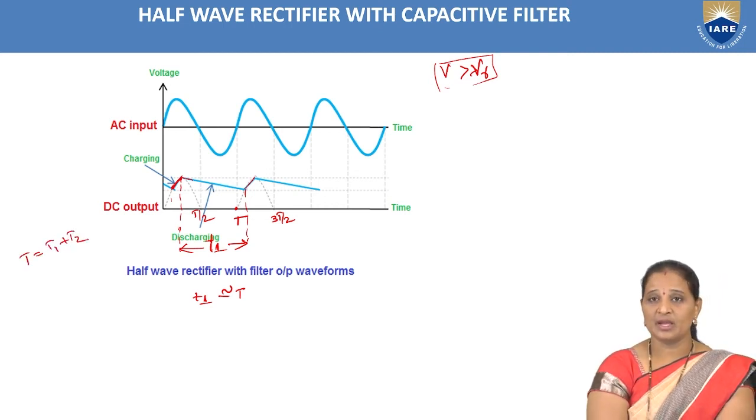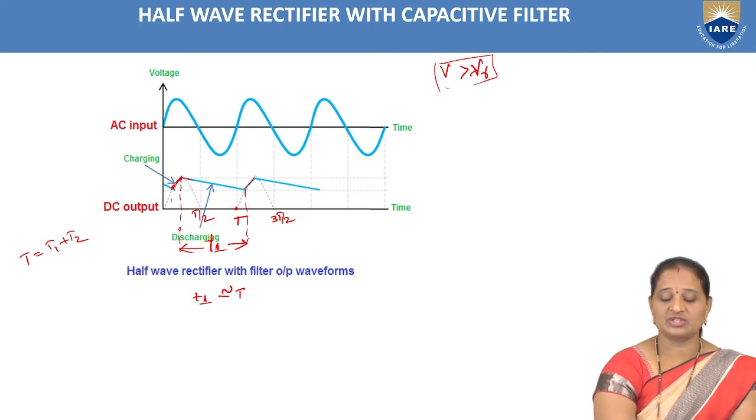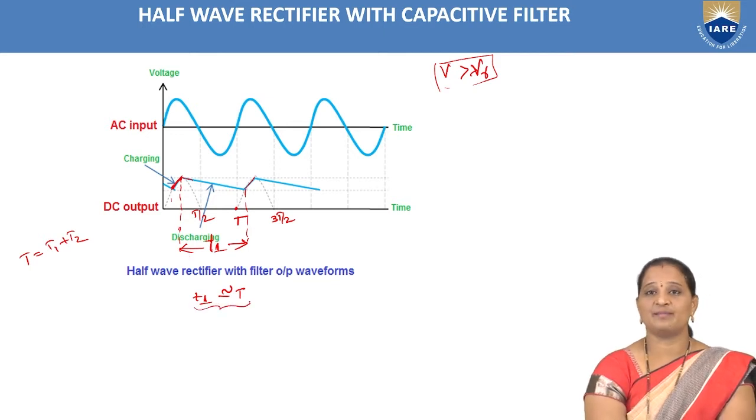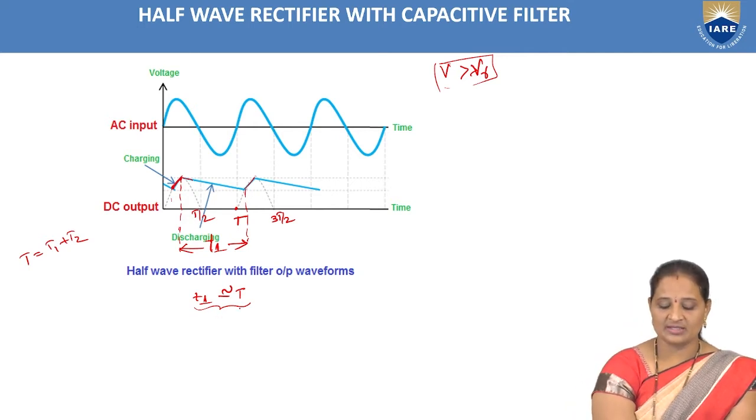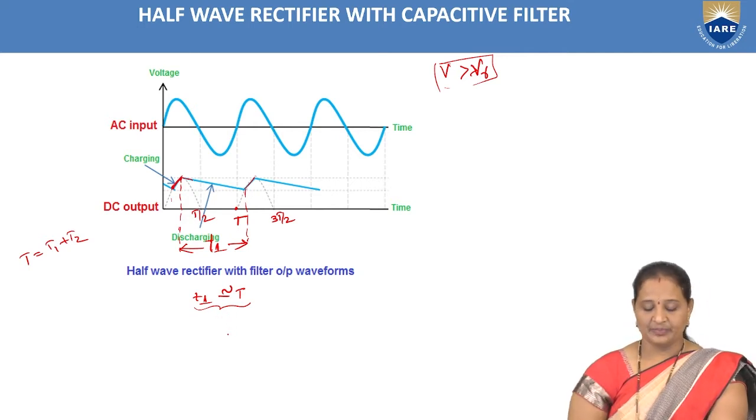As the charging time is very small, the entire period equals the discharging time period, which is given by T1. So here T1 is approximately equal to T.